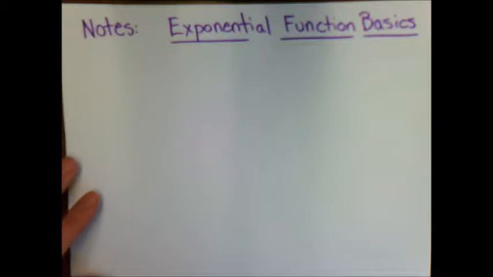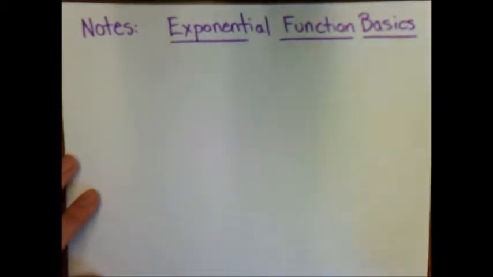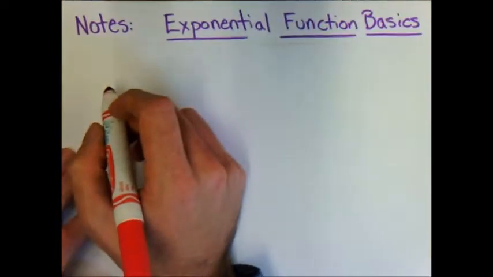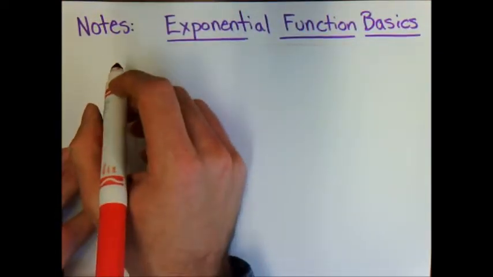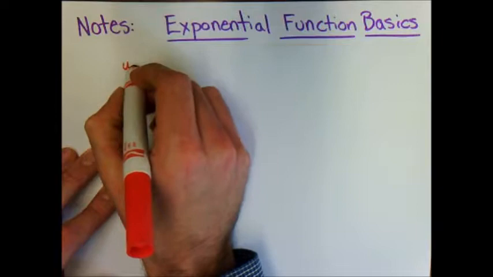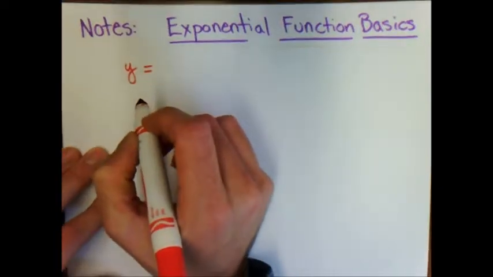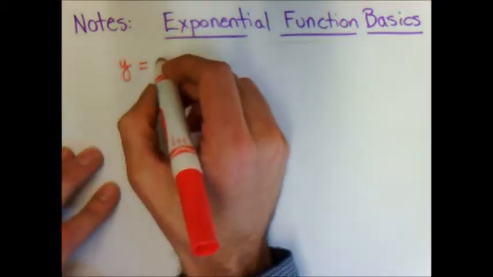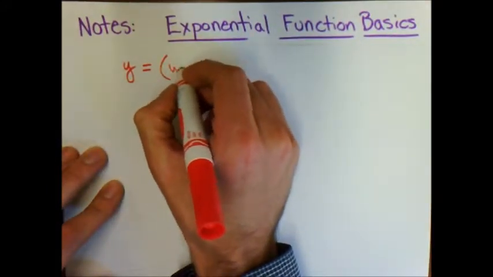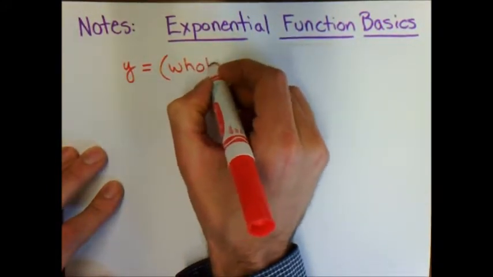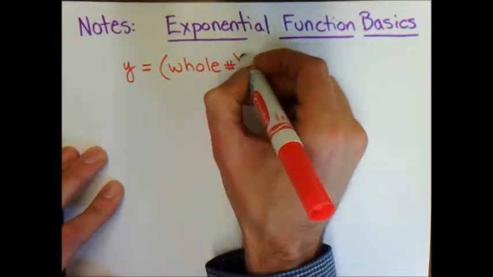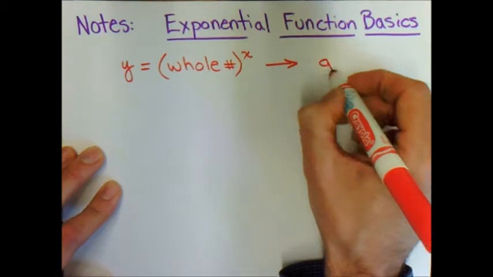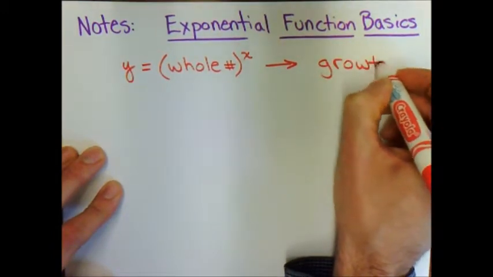Okay, before we get into the bulk of our lesson, a few more notes on the basics of exponential functions. These are going to be things that we need to be able to identify quickly and easily. So here we have an example. When we have a function that has y, and the base is a whole number, and we raise this to the power of x, this is going to result in growth.